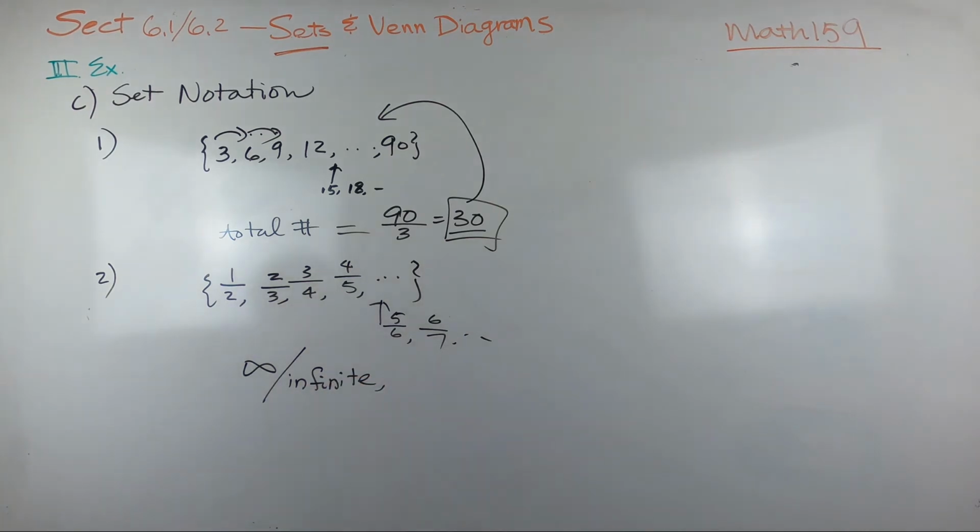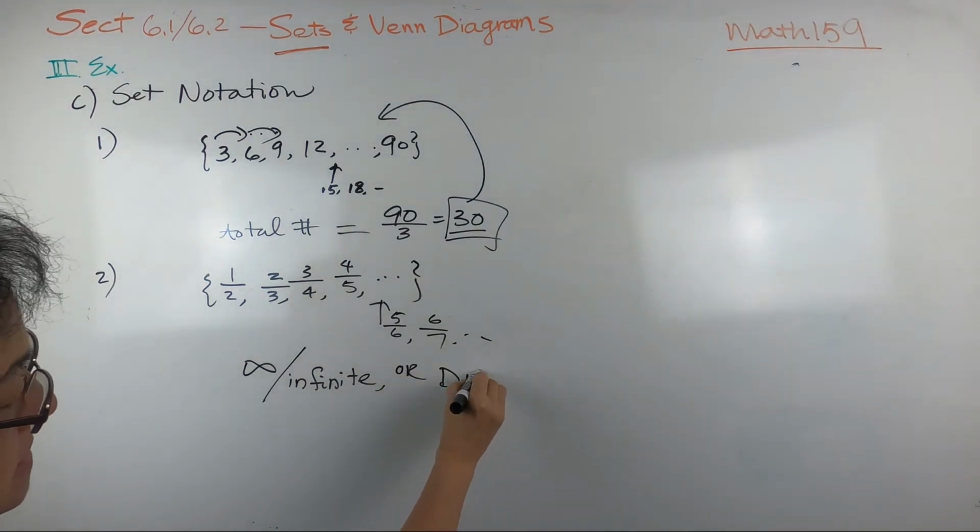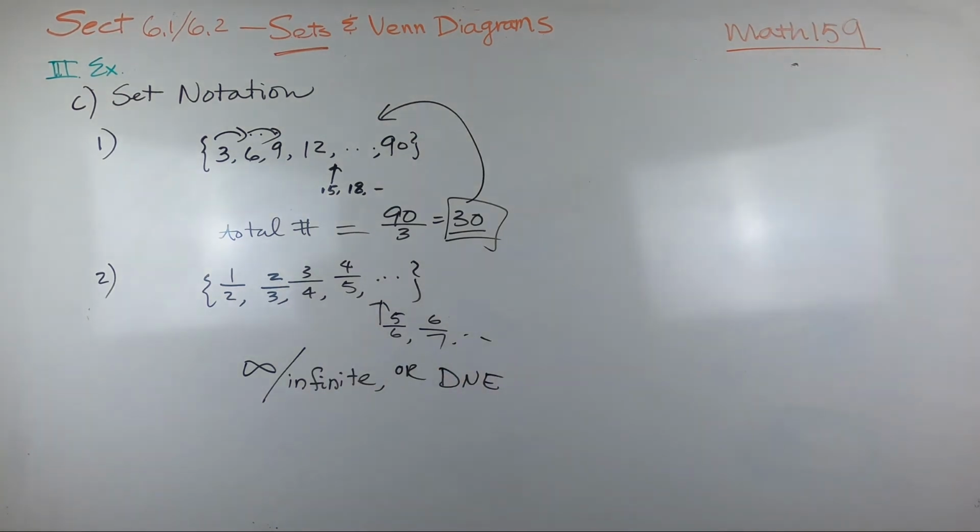Or you can say what? Doesn't exist. Because you cannot give an exact answer, then we say doesn't exist. That's how we do it. Okay?